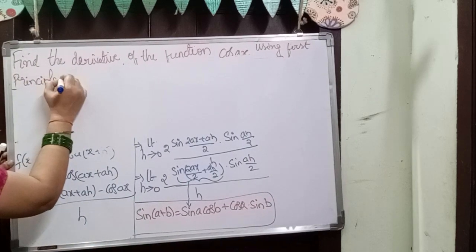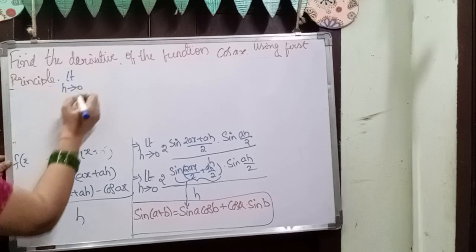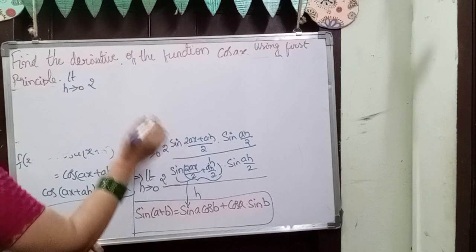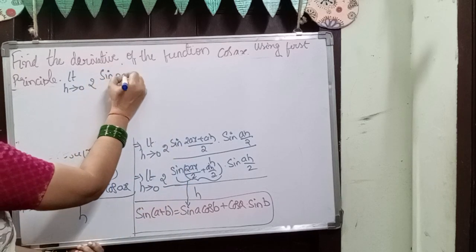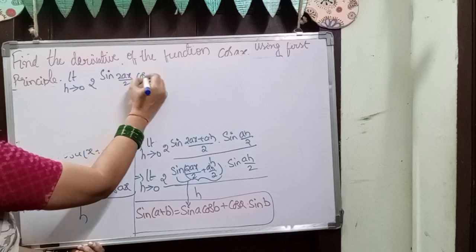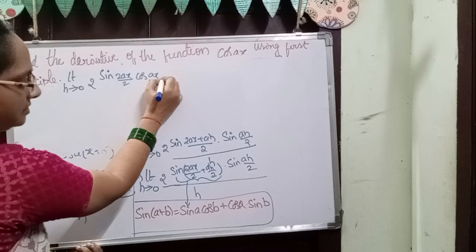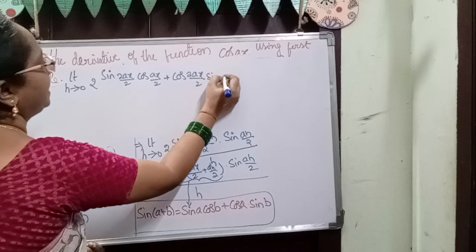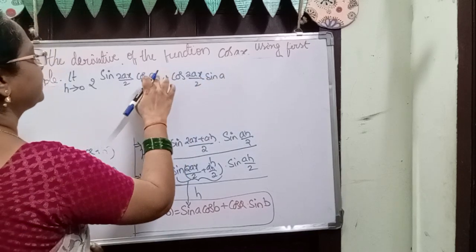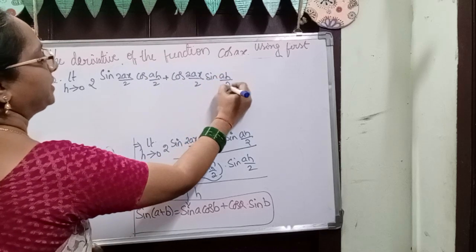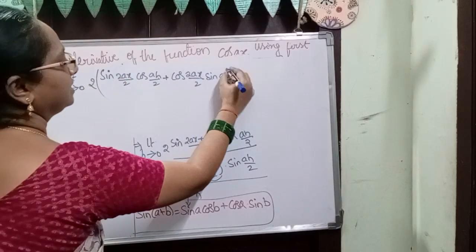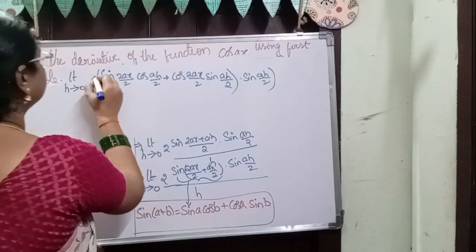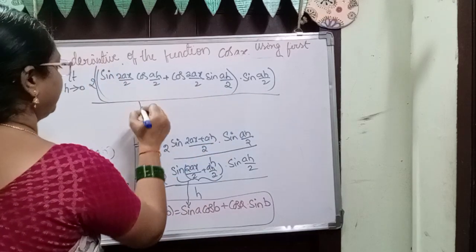Next, limit h tends to 0, 2 into sin 2ax by 2 cos ah by 2 plus cos 2ax by 2 sin ah by 2, into sin ah by 2, whole by h.